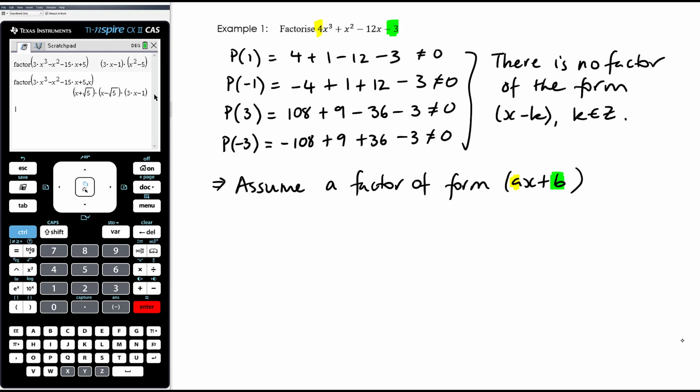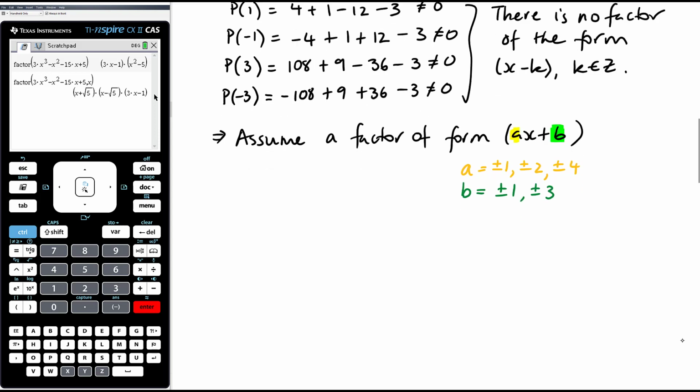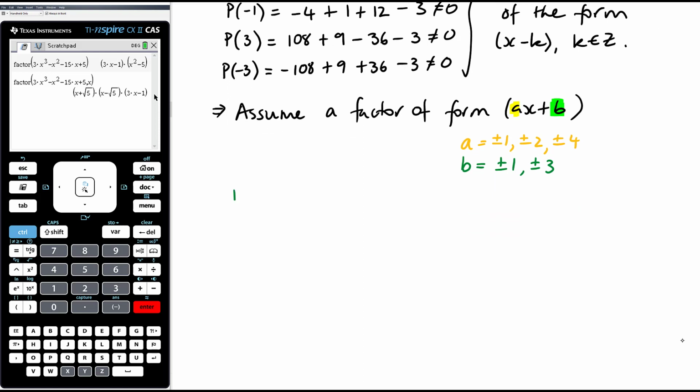Okay, so really what we know here is that a can either be plus or minus 1, plus or minus 2, or plus or minus 4. And we know that b can either be plus or minus 1, plus or minus 3. Okay, so if we think about what that means for the possibilities for b over a, we could have plus or minus 1 over 1.